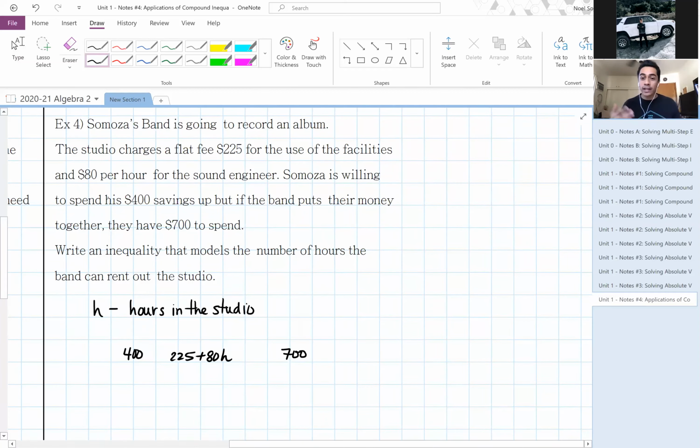Now let's find out what type of inequalities we're going to use, because we could either include 400 or include 700, or not include them. Where I say that I'm willing to spend $400 of savings, does that mean I'm willing to spend all 400? Can I include 400?